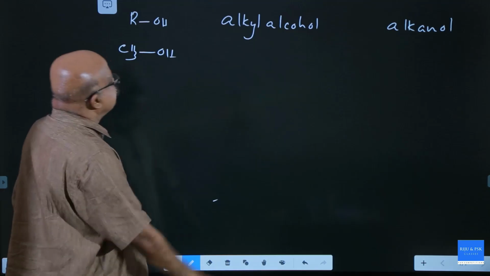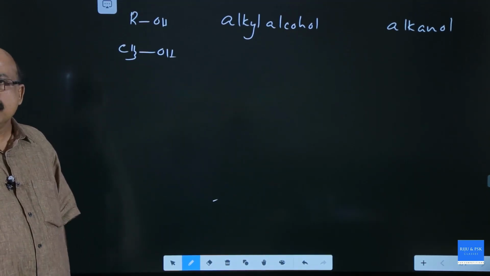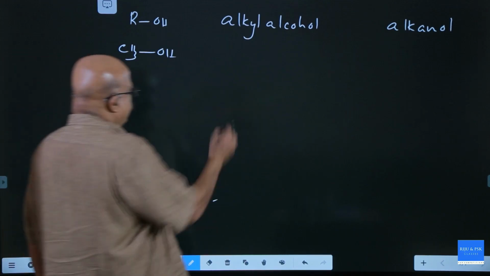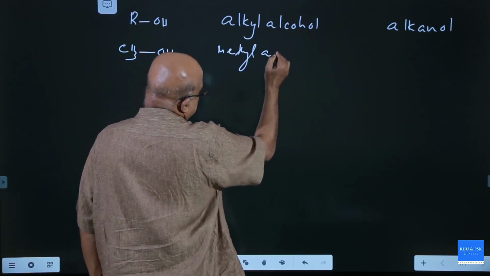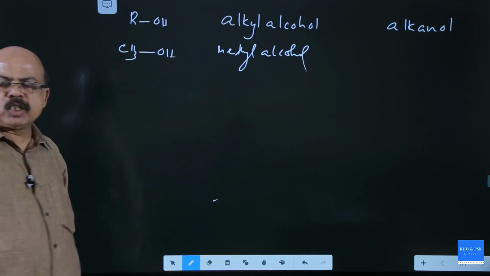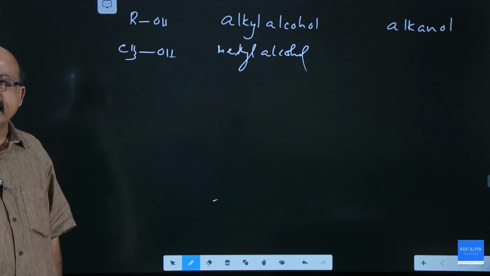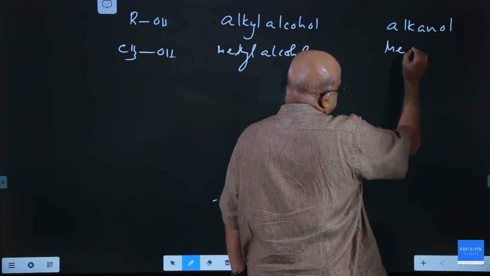CH3OH. CH3 group is methyl. So it is methyl alcohol, common name. CH3OH, 1 carbon containing alcohol. It is methanol, IUPAC name.